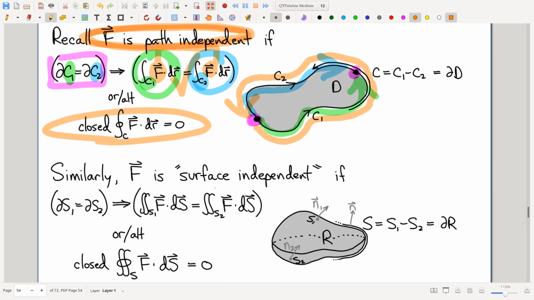Okay, so instead of talking about curves with shared boundary points, we're going to talk about surfaces with a shared boundary curve. And by the way, orientations matter. So I've got to indicate the orientation on that shared boundary.